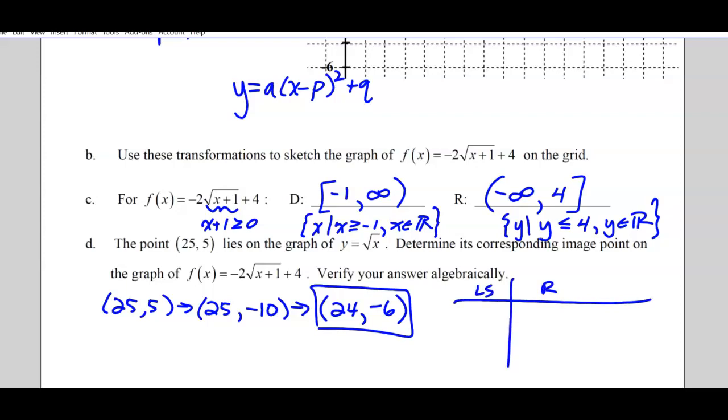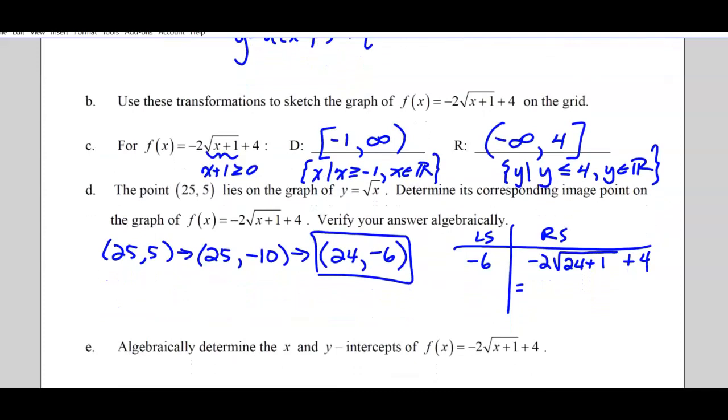So left side, right side. So -6. And right side, that's going to be -2 times 5 plus 4, -10 plus 4 is -6. Left side equals right side.